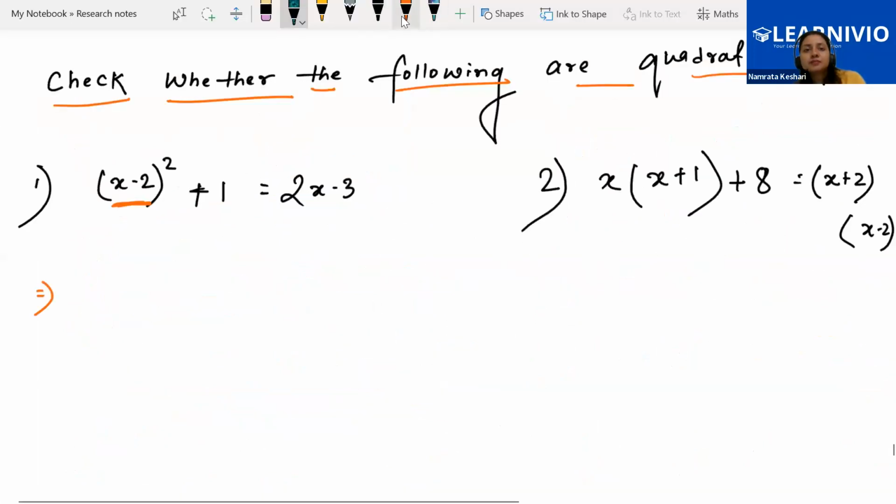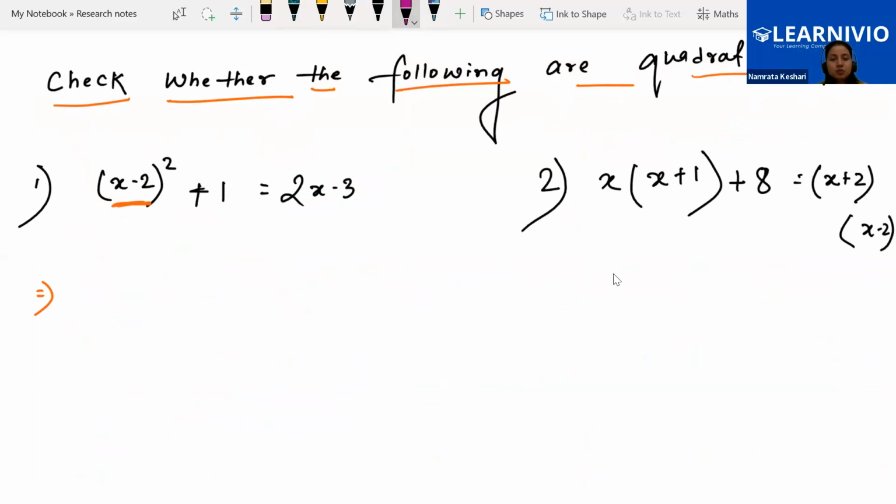Number 1. Now can you tell me x minus 2 whole square will be what? Abdul, Alvina, anyone? If you have noted down the formula, please expand it and tell me what you are going to have.